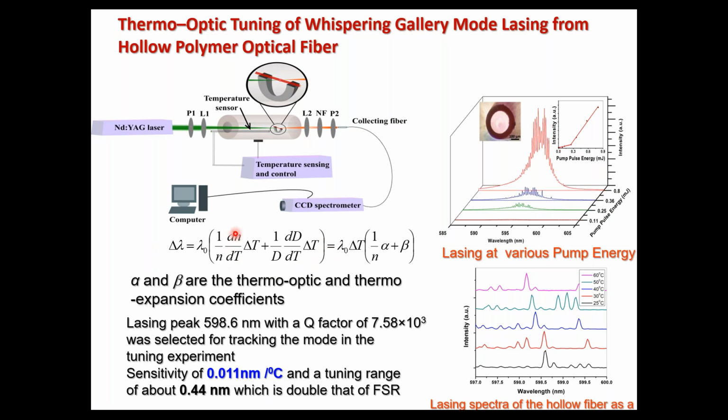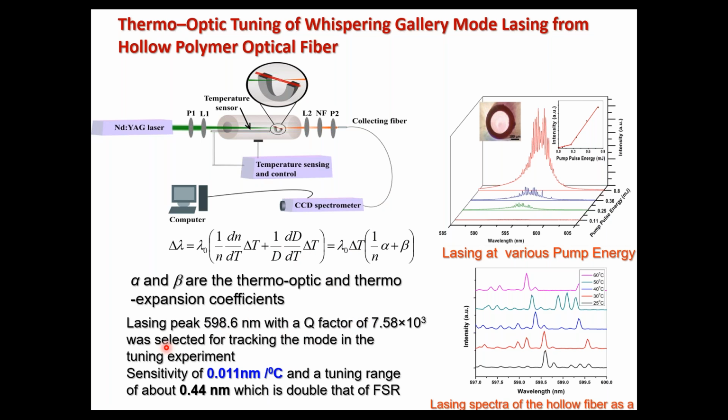So it can be a change in the refractive index due to the change in temperature, or it can be a change in the diameter due to the change in temperature. So you have two coefficients: one is the thermo-optic coefficient, and the other one is the thermo-expansion coefficient. But the thermo-optic coefficient is much larger than the thermo-expansion coefficient in the case of this PMMA dielectric.